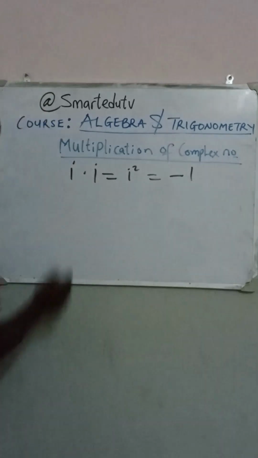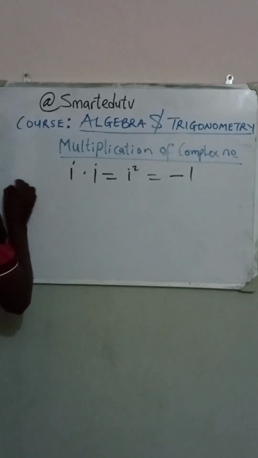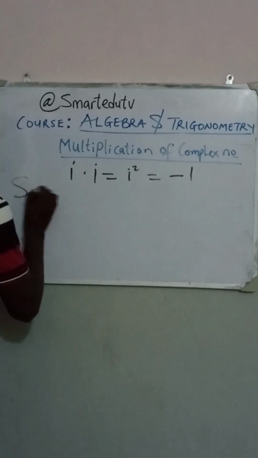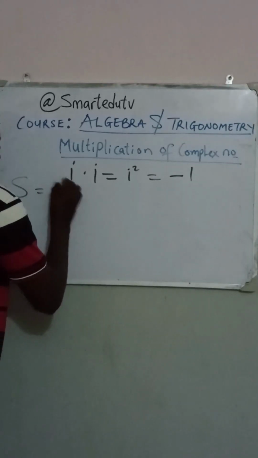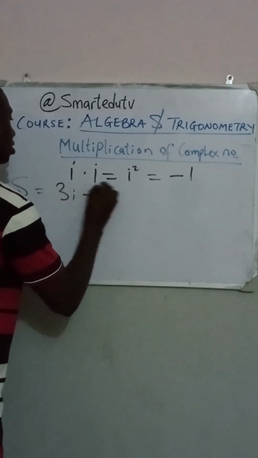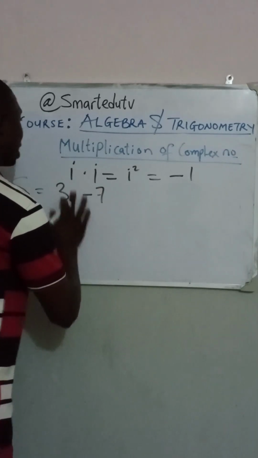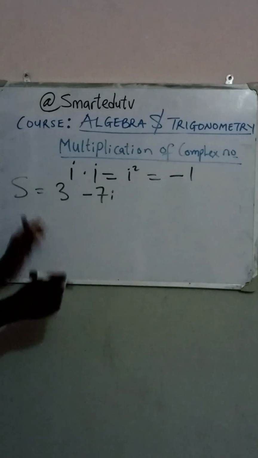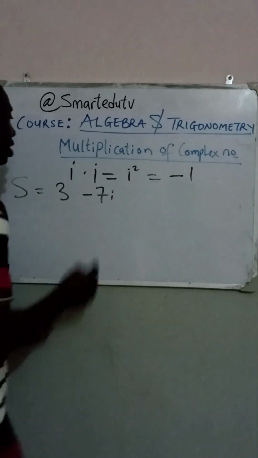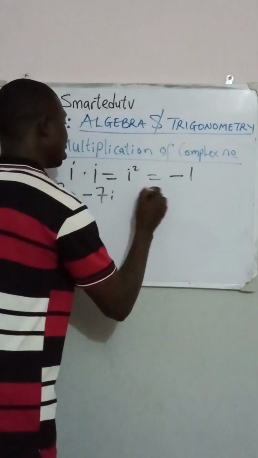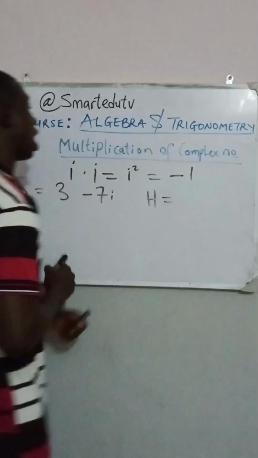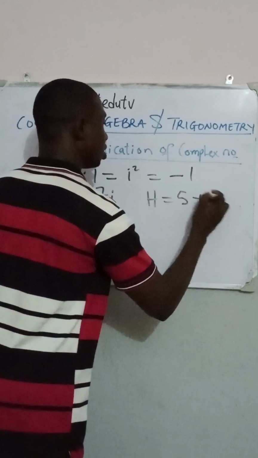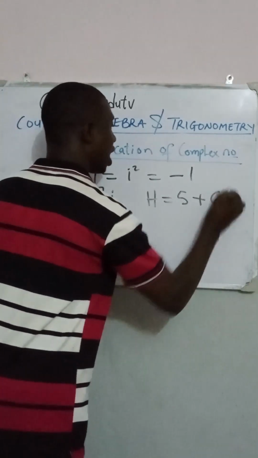For example, if we are told to evaluate, let's say, S is defined as 3 minus 7I, and we have another letter, let's say H, defined as 5 plus 6I.